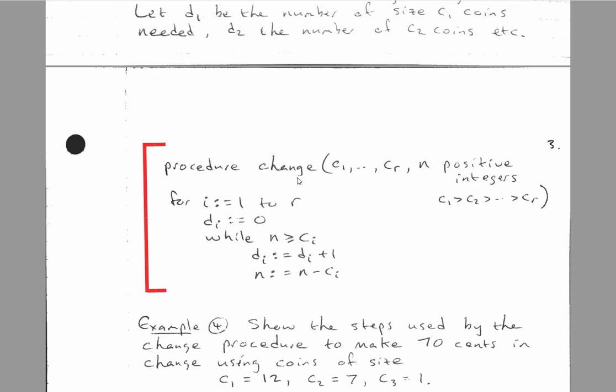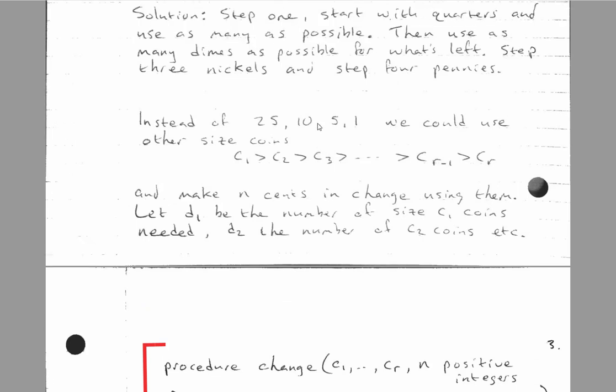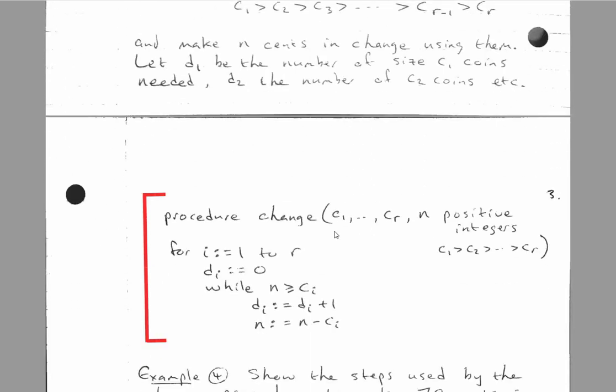So here is, again, the obvious greedy algorithm. Procedure change. With this input, the coin types, and n is the change we're trying to make.